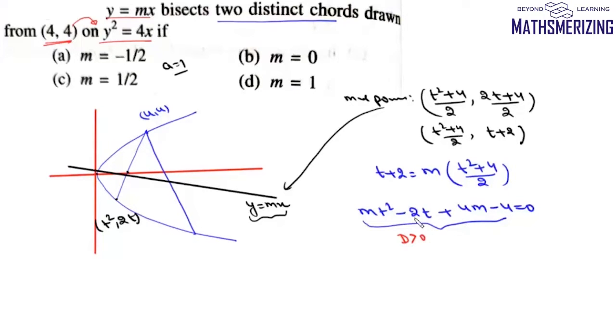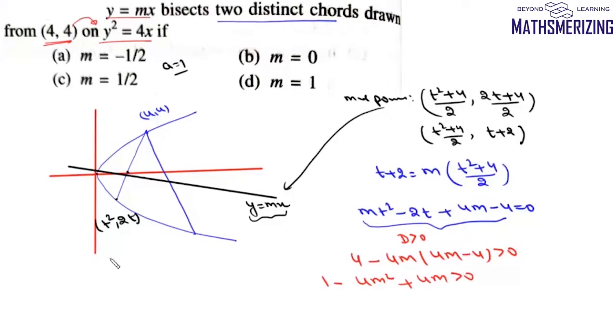So we'll find D greater than 0, which is 4 - 4m(4m - 4), and it should be greater than 0. So I'll get 1 - 4m² + 4m greater than 0.